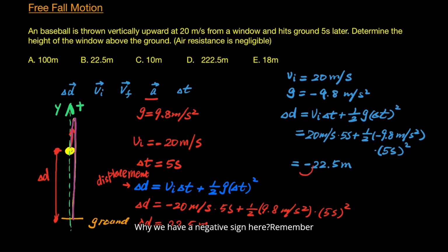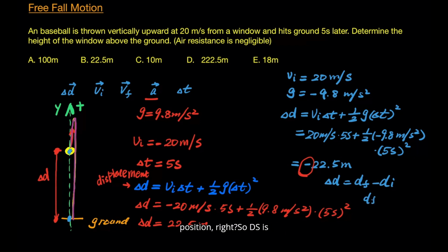Why do we have a negative sign here? Remember that displacement also has direction. It is defined as the final position minus the initial position. Since we define up as positive, this final position, which is the ground, is a smaller number than the initial position, right? So df is actually smaller than di. So a smaller number minus a larger number gives a negative value.